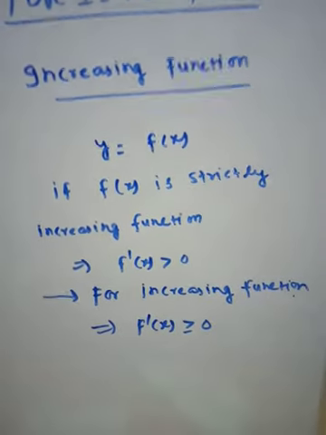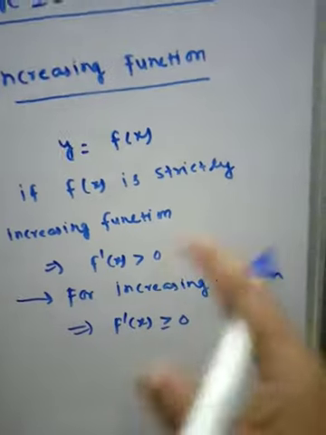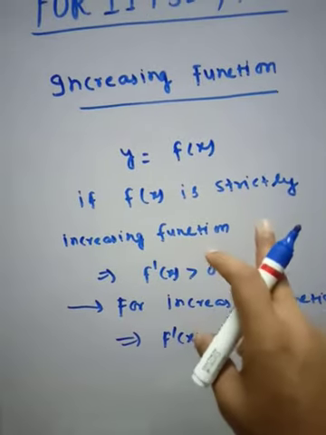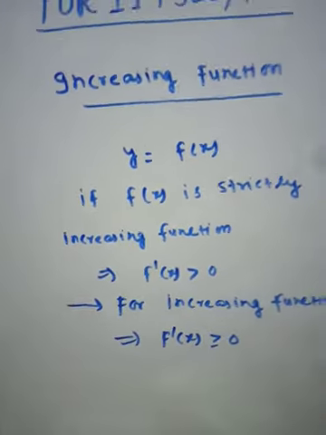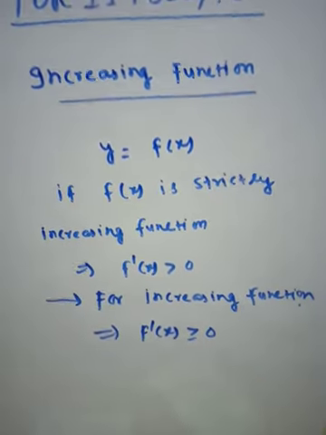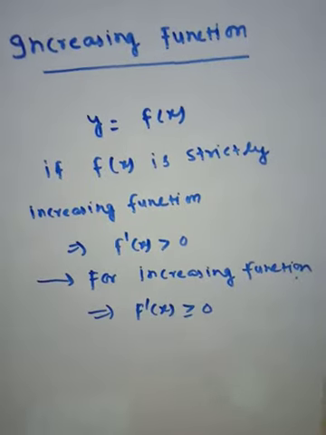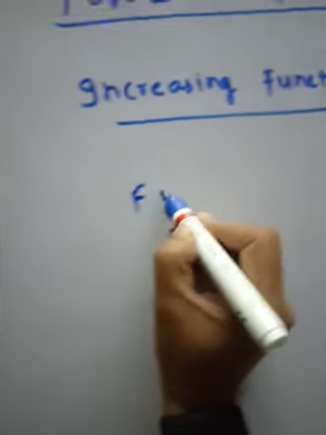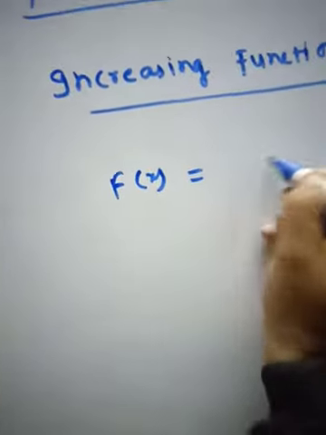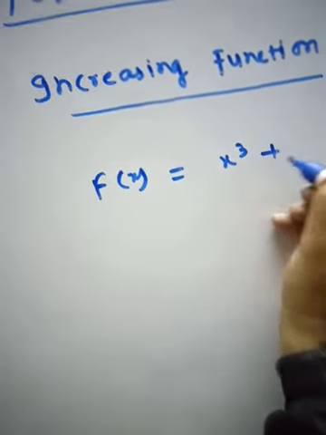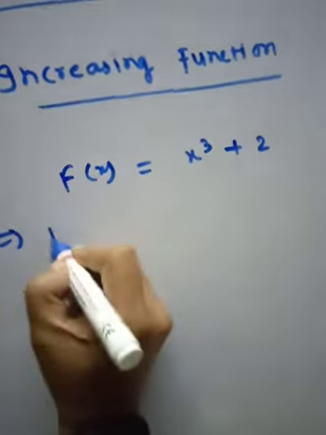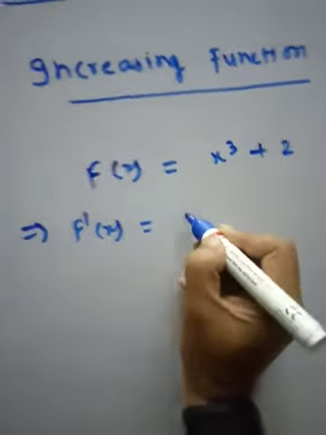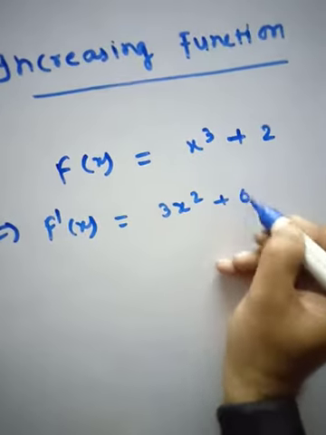So what is the difference between strictly increasing and increasing function? For strictly increasing, at any point it will always increase. But for increasing function, f dash x is greater than or equal to 0. Let us discuss some examples. Suppose you have fx equal to x cube plus 2. What is f dash x? f dash x will be 3x square plus 0, by differentiation.